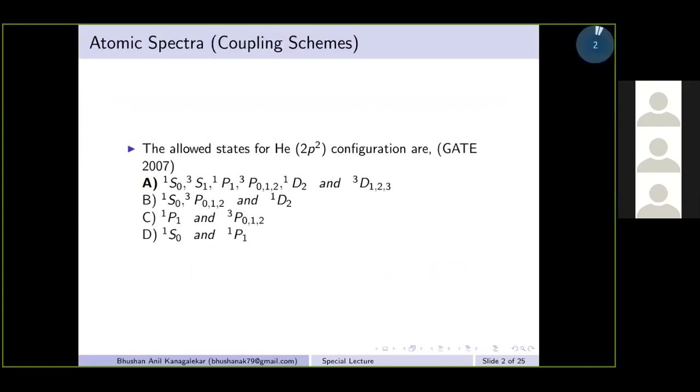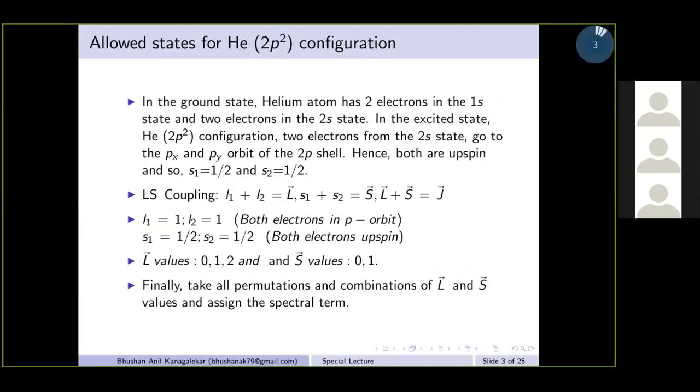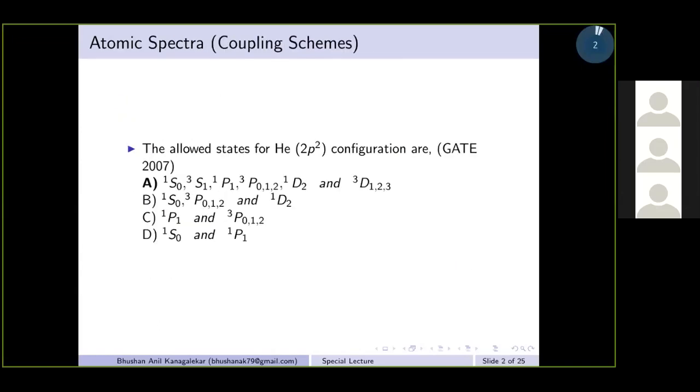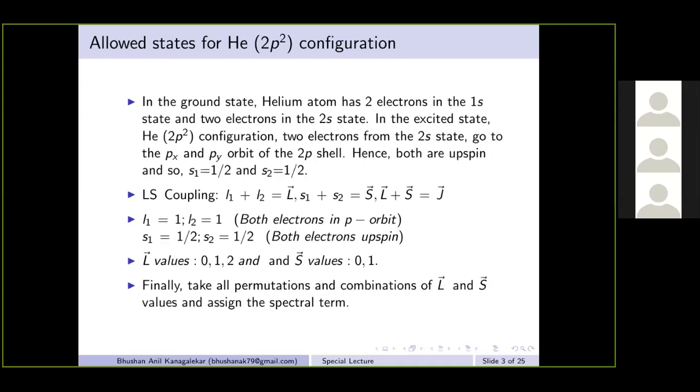So it is basically two electrons in the 2p orbital, one in the 2px and one in the 2py orbital. So both are upspin. So the first electron spin S1 is equal to half.